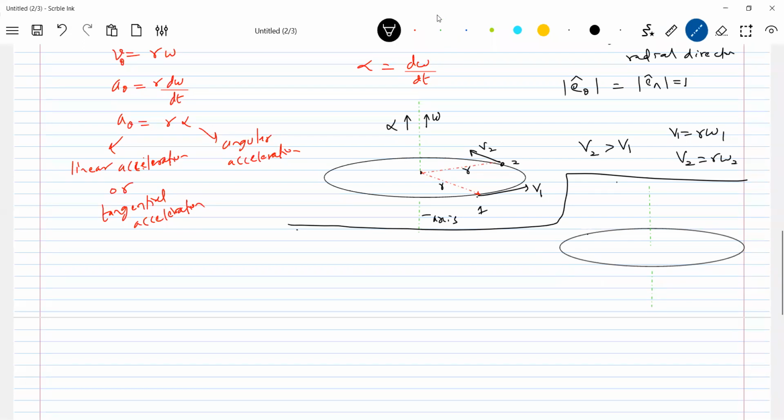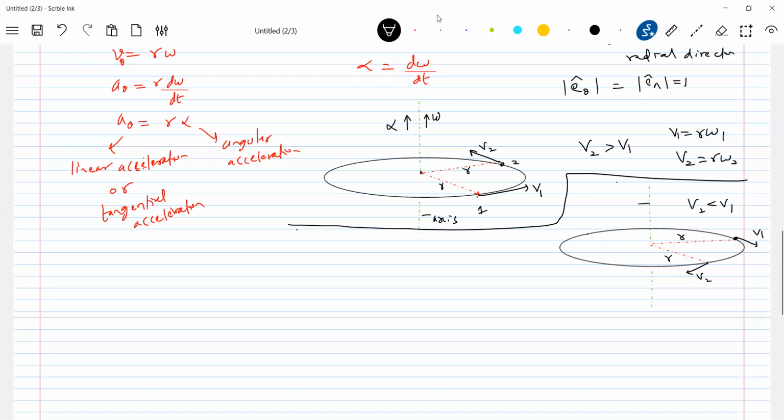Okay, here let me do one thing. The speed of the particle is going to decrease. So this is one position, this is the other position. Let this be position 1. This is V1. This is V2. And I'm going to say that V2 is less than V1, second case. And this is R.